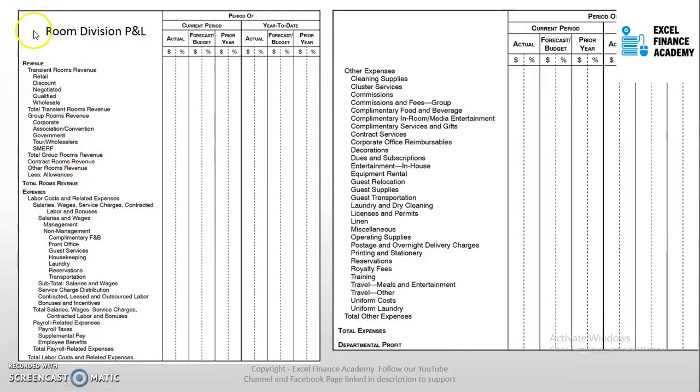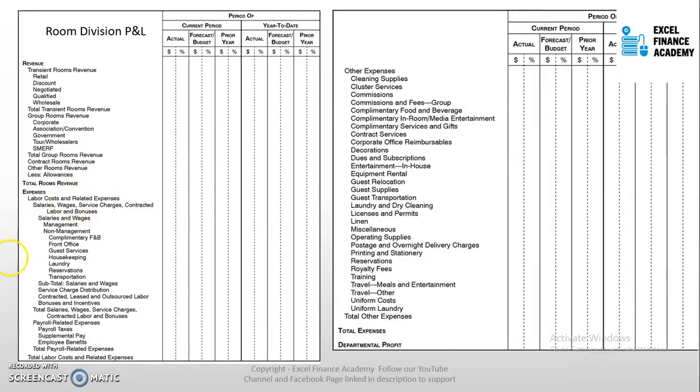The room revenue is segregated by business segmentation, like transient business divided into retail, discounted, negotiated, and other qualified wholesale, and then you have group room revenue, which we discussed in our previous videos, so you can refer back.